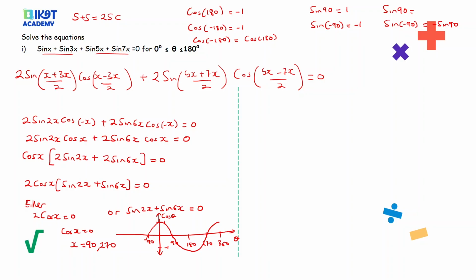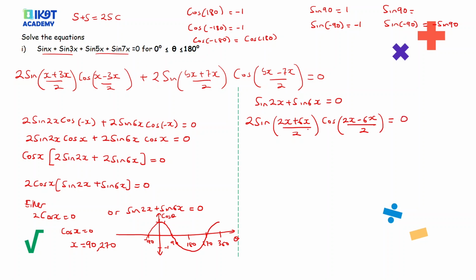Now we continue with sine 2x plus sine 6x equals 0. Here, sine plus sine is going to be 2 sine cos. It's going to be 2 sine of (2x plus 6x) out of 2, cos of (2x minus 6x) out of 2, equal to 0.